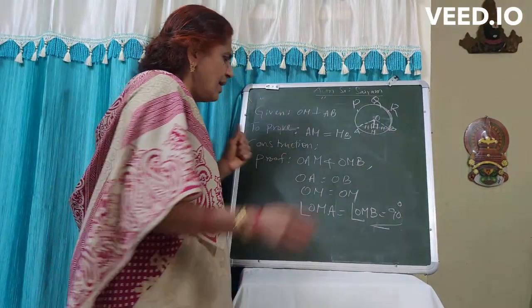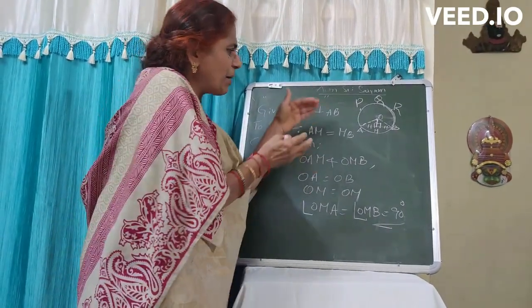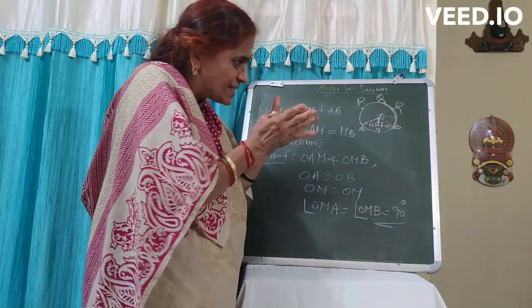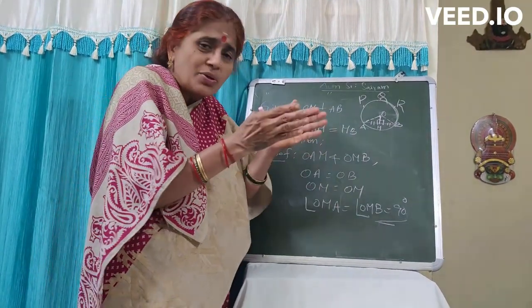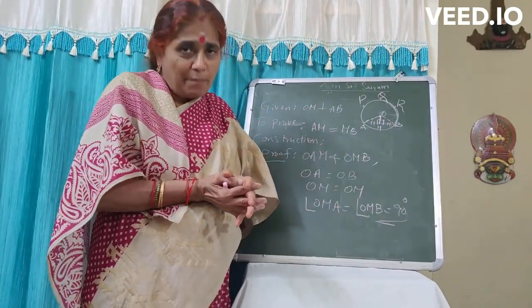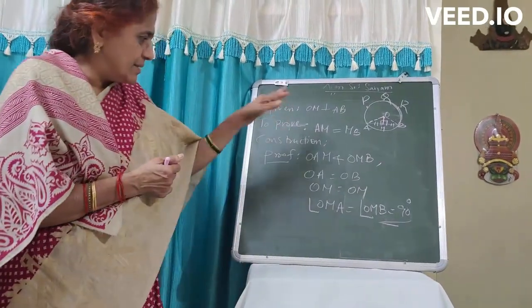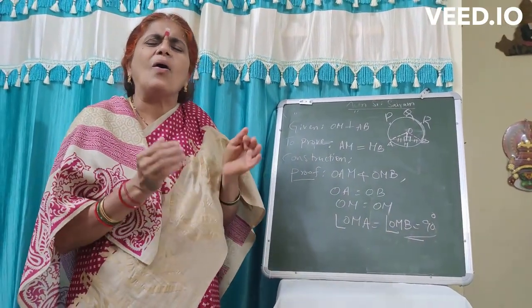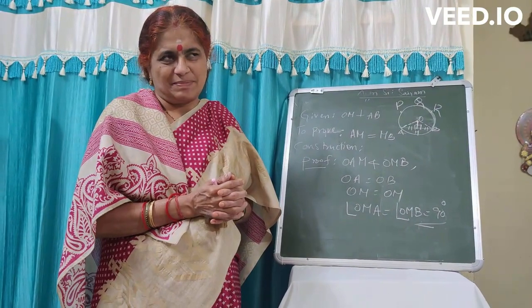And then, coming to the proof, why do we need to compare these two triangles? Why only triangles have to be formed through construction? Why should these two triangles be compared? And why this particular procedure for proving the theorem? All these are doubts in the minds of the students.